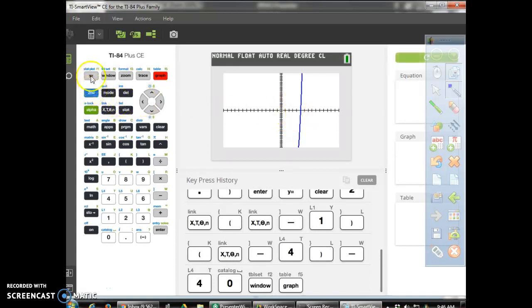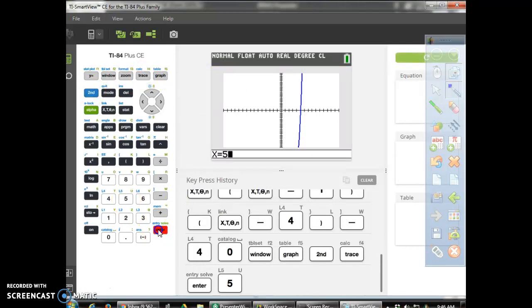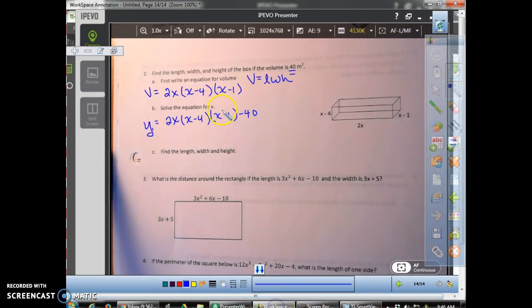But remember, I can test it. I can do second, calculate. I'm just going to plug in the value of 5, and I definitely have a y equal to 0. That's the x-intercept. So going back to this, I know that I have x equal to 5.